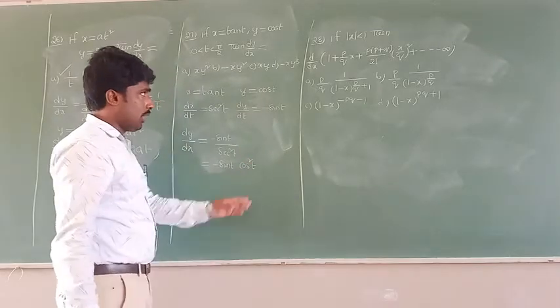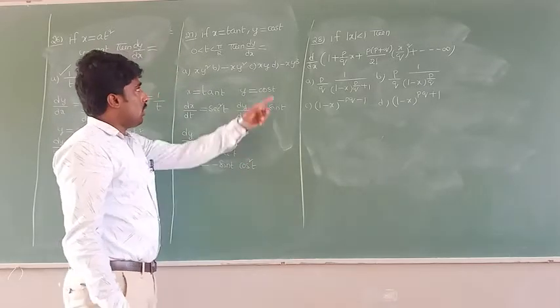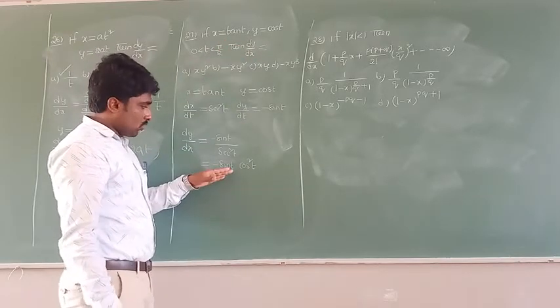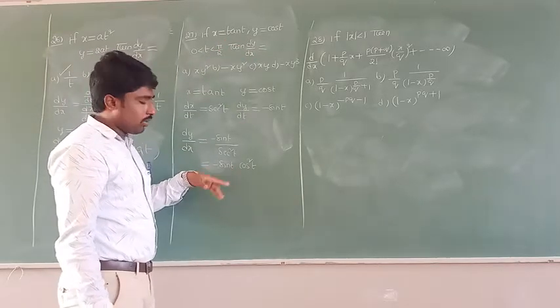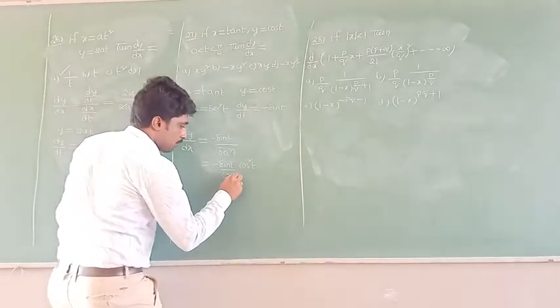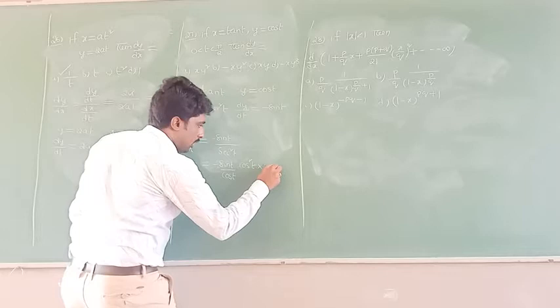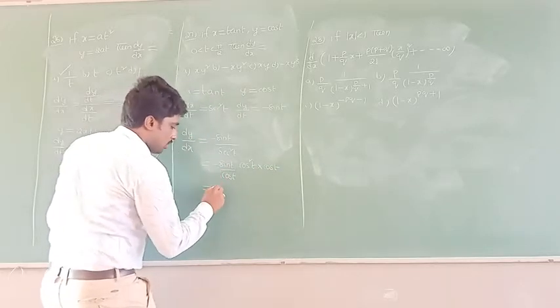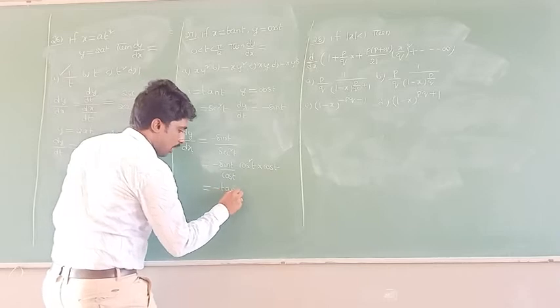Now what is given here in terms of x and y? What is x here? x equals tan t, which means I need to make this into tan t. I need to divide by cos t, and I have to multiply by cos t. So this becomes, what will we get? Minus sin by cos, which is minus tan t.